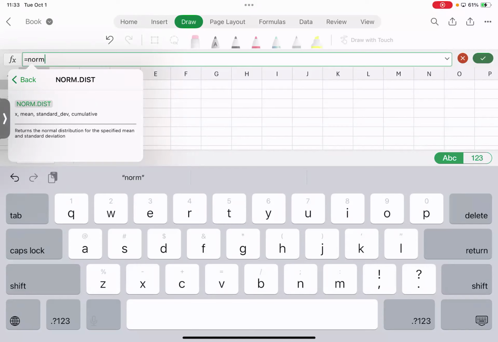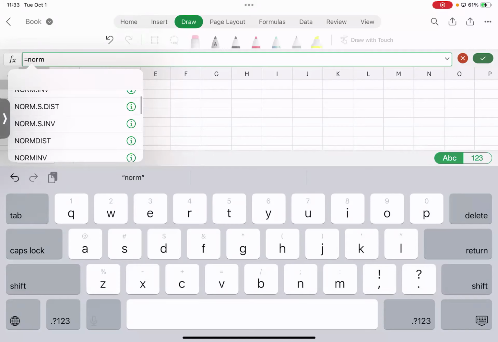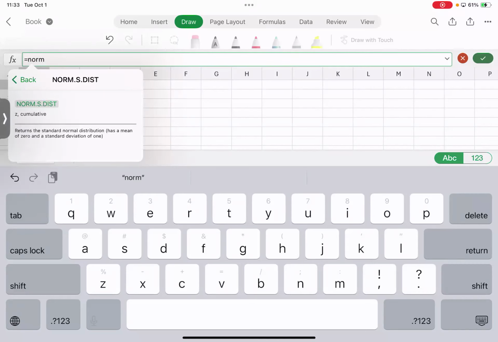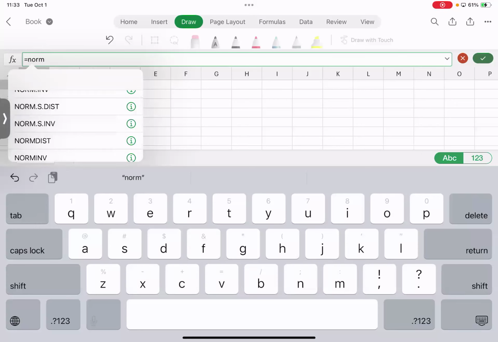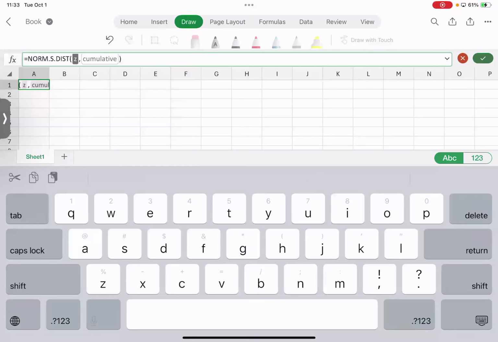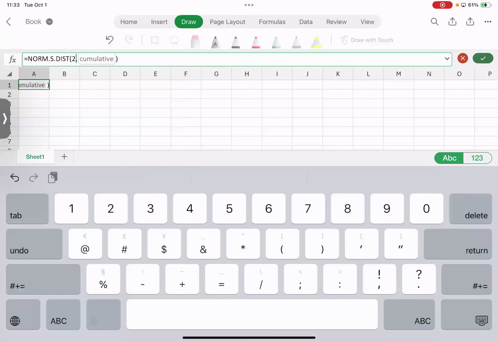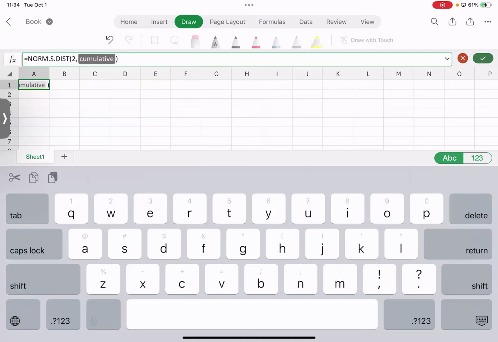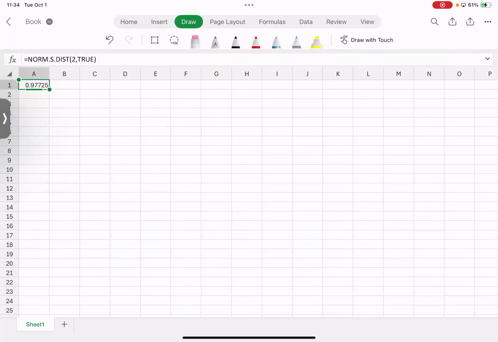You can click on it to see a more elaborate explanation. But we're going to use norm.s.dist because it's already standardized. I'm giving it a Z, and my Z is 2. And then always cumulative equals true. And I'm going to remove those brackets there. Happy, check mark. Okay.